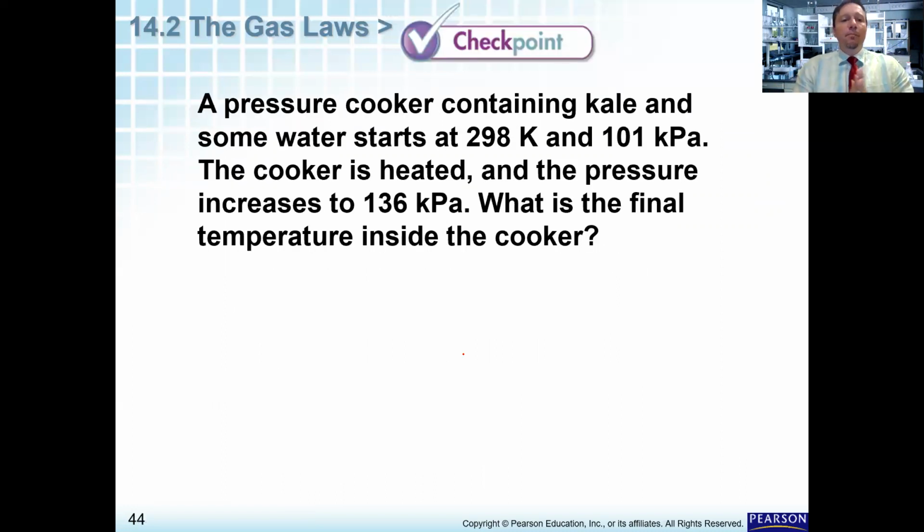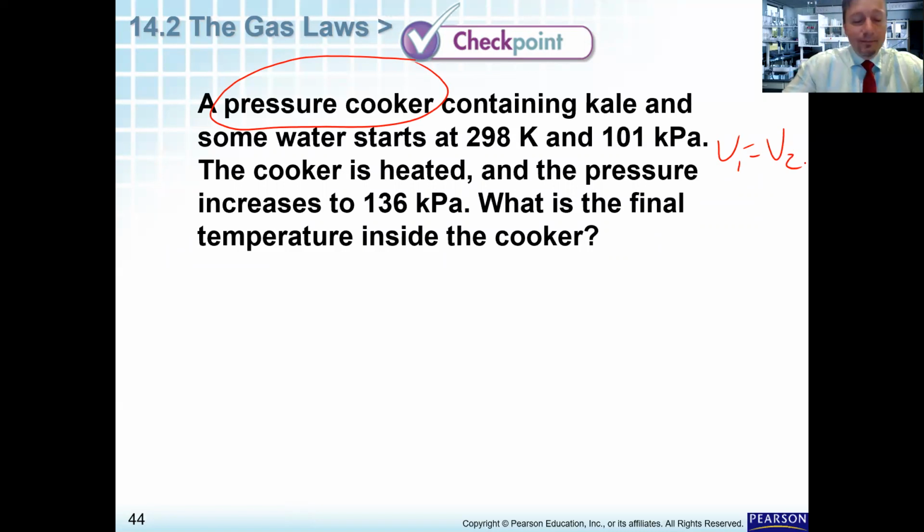So let's look at this problem here. A pressure cooker contains kale and some water that starts at 298 Kelvin and 101 kilopascals. The cooker is heated and the pressure increases to 136 kilopascals. What is the final temperature inside the cooker? You're in a pressure cooker, which means your volume 1 equals your volume 2. It's held constant, so I'm not going to worry about it.